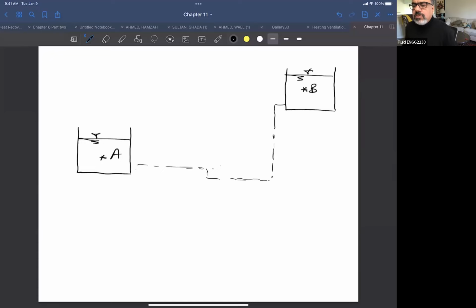Let me ask you a question. Now the system as it looks in this picture, the fluid will be moving from which point to which point?